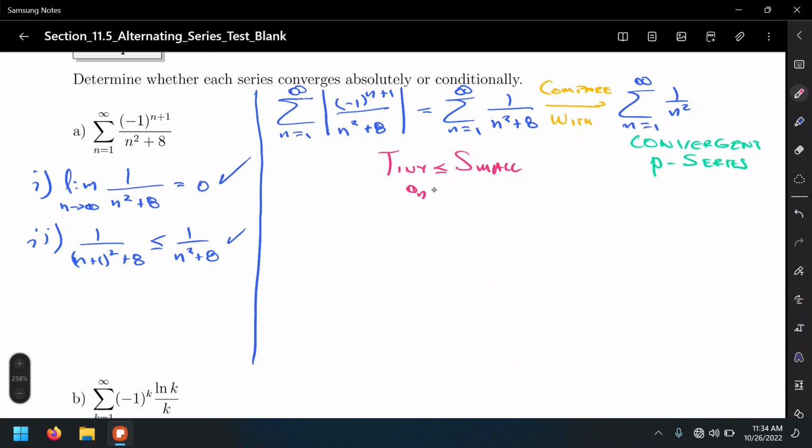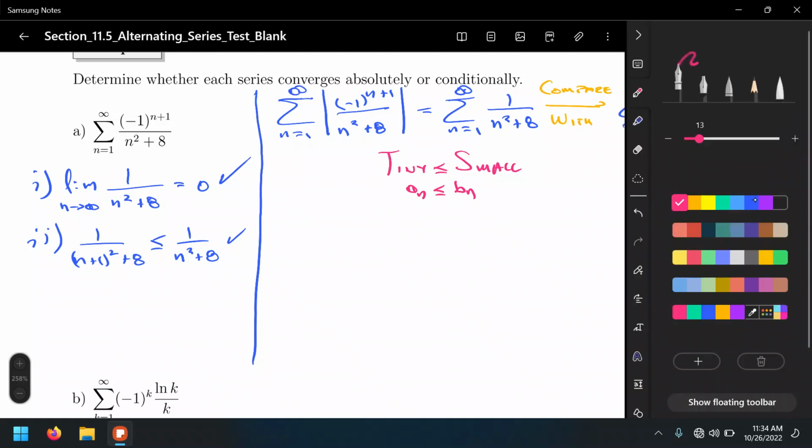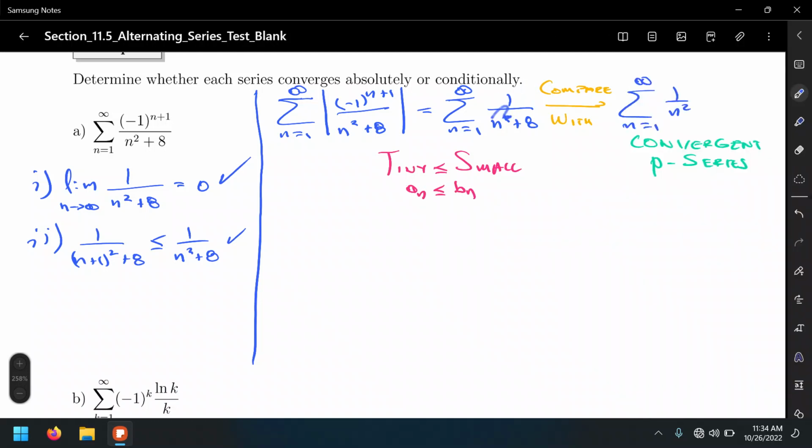In other words, a sub n less than or equal to b sub n, where a sub n is always the original problem: 1 over n squared plus 8 less than or equal to 1 over n squared. Is the inequality true? Well, in this case, it's true that tiny is less than small.